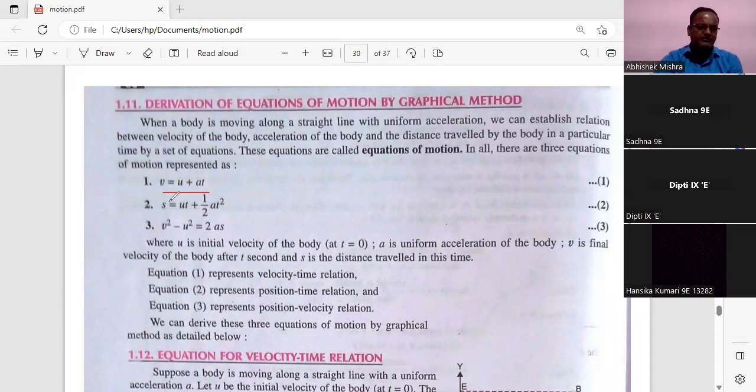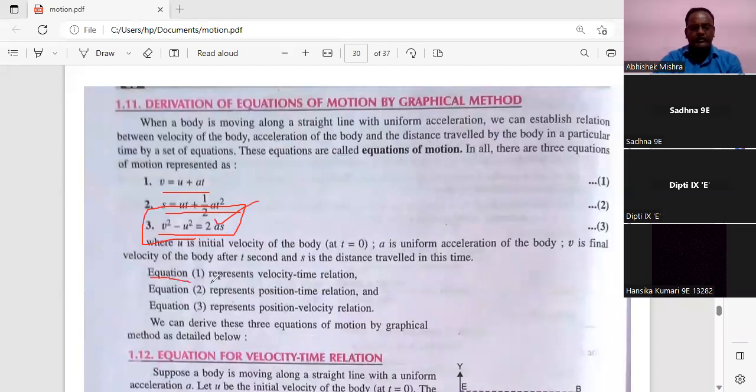S, the distance covered, is equal to UT, that means initial velocity into time, plus half AT square, half into acceleration into time. And V square minus U square is equal to 2AS. That means the difference of the squares of final and initial velocity is equal to 2 into acceleration into the distance traveled.